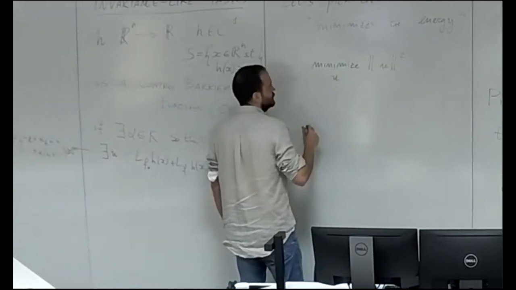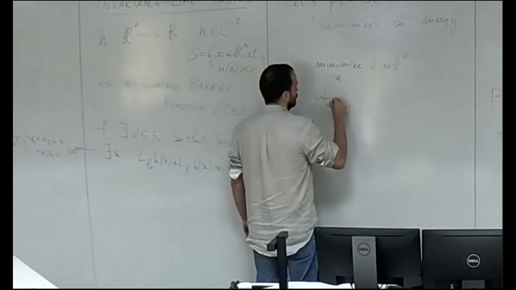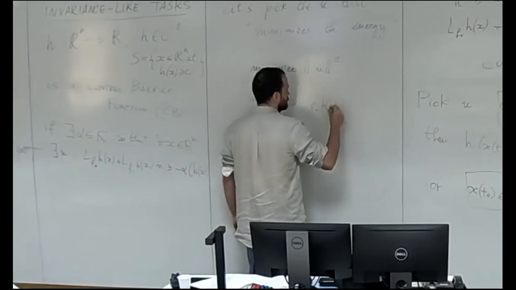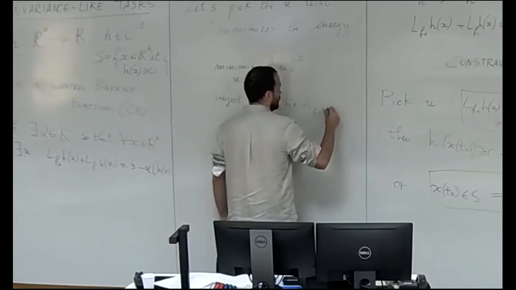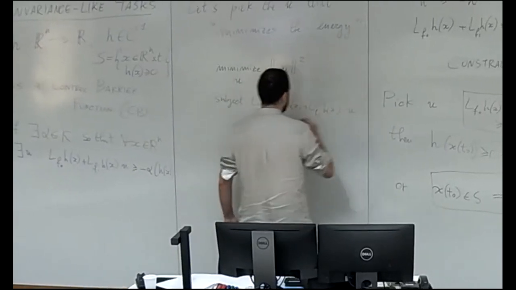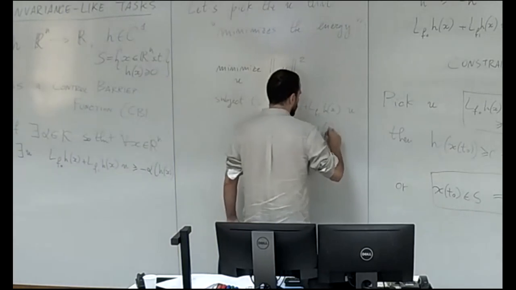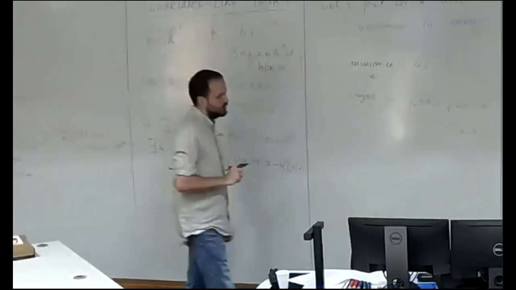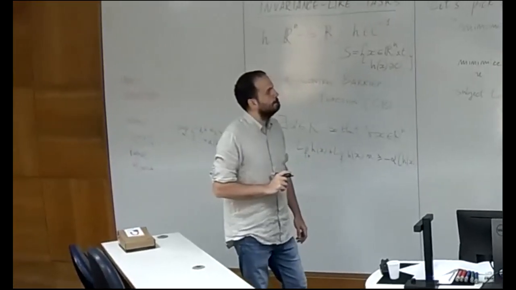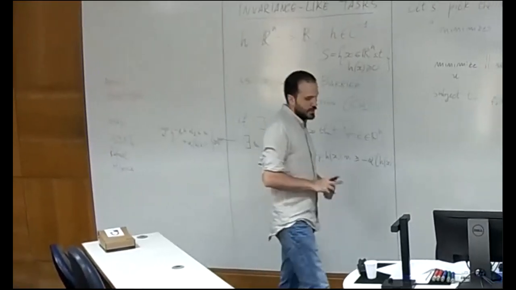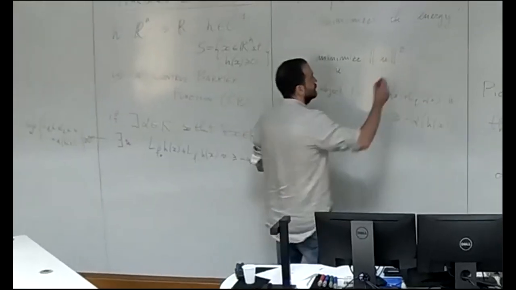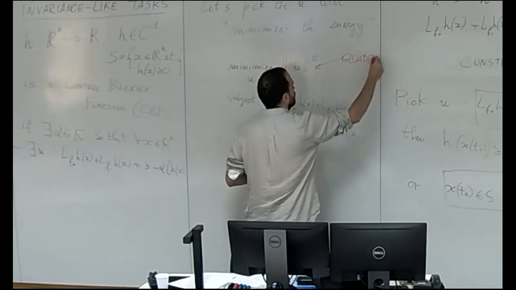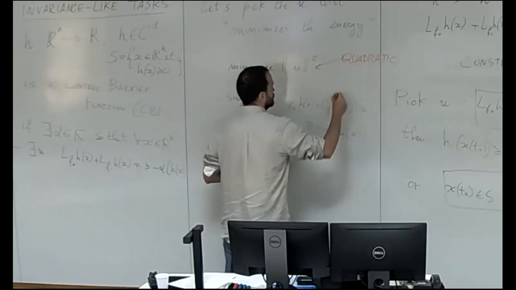Minimize norm of u, subject to the constraint that LF0 H(x) plus LF1 H(x) u is greater than or equal to minus alpha of H(x). Same thing as before.